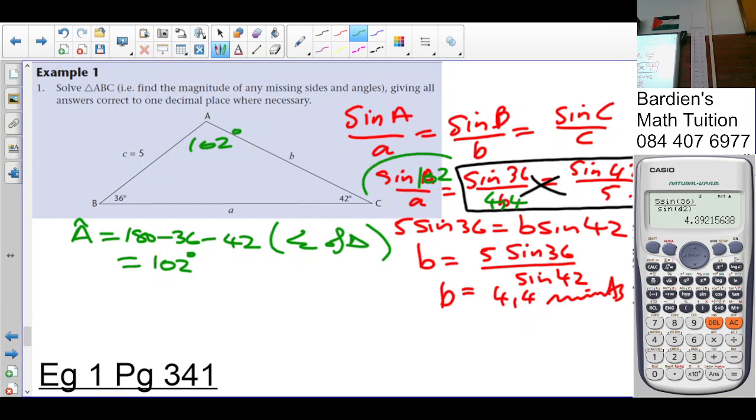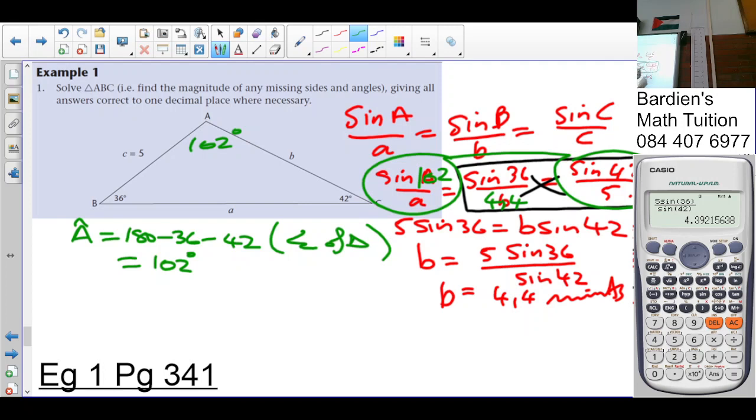I can say sine of 102 over a is equal to sine of 42 over 5, or sine of 102 over a is equal to sine of 36 over 4.4. The reason why I'm going with 42 over 5 is because this was given to me.